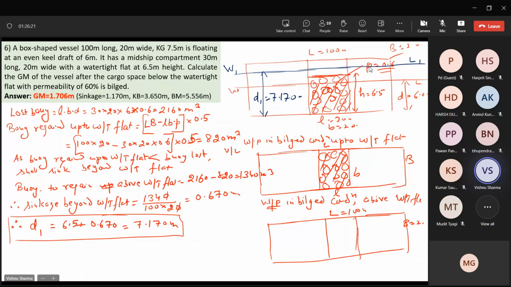Why? Because up to the watertight flat, there is a loss of water plane. Above the watertight flat, there is no loss of water plane. Does everybody agree that KB will be by moments? Anybody has any doubts that it can be D1 by 2? Let me know. Does everybody agree, guys? Yes or no?